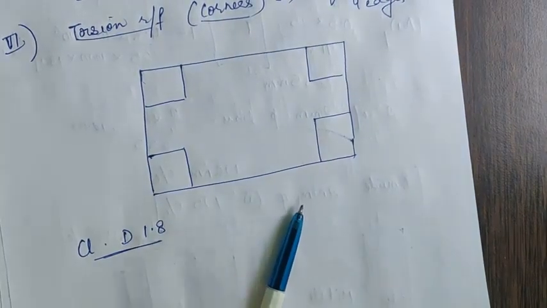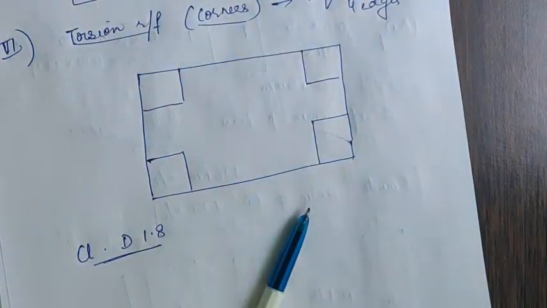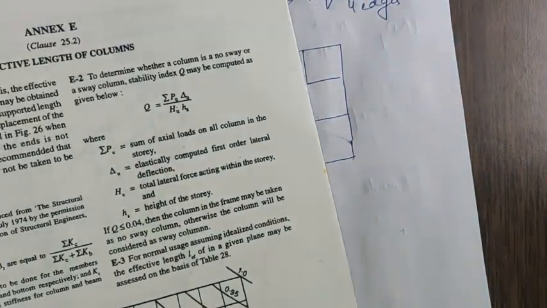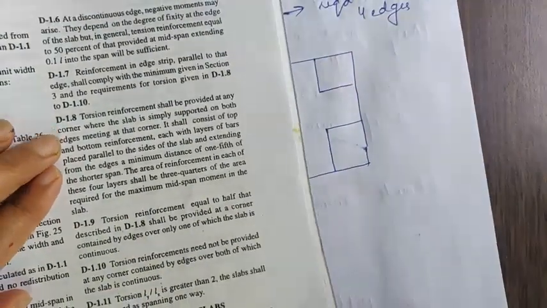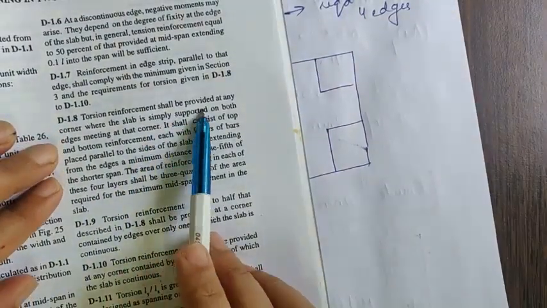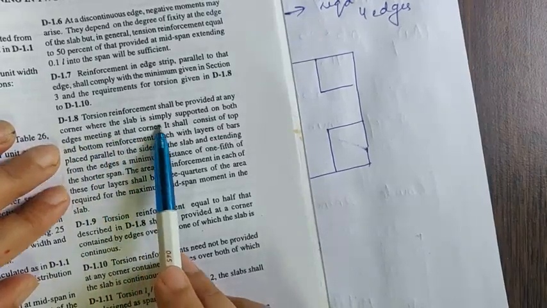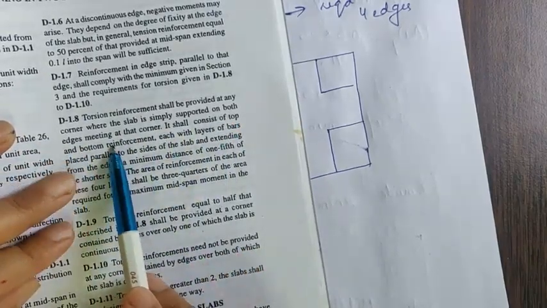Okay. So this corner reinforcement is to be provided as per clause D 1.8. So I am just showing you the clause, although I have done it in detail in my previous lecture. Clause D 1.8. It says, torsion reinforcement shall be provided at any corner where the slab is simply supported on both edges.